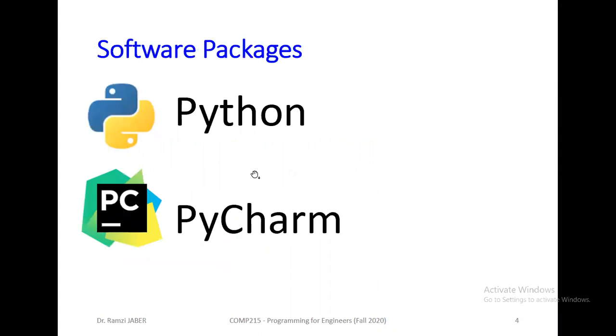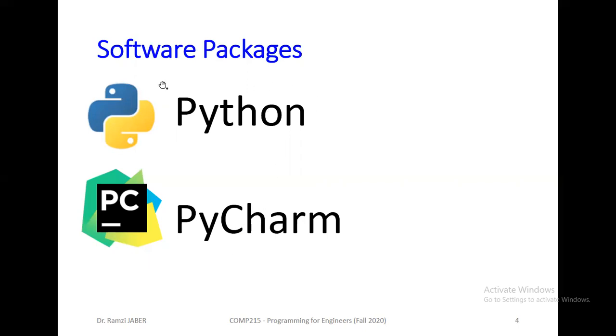In our lab, the original software we'll use is Python. The second one is PyCharm, which is based on Python. PyCharm cannot be installed alone; it is obligatory to install Python before it.